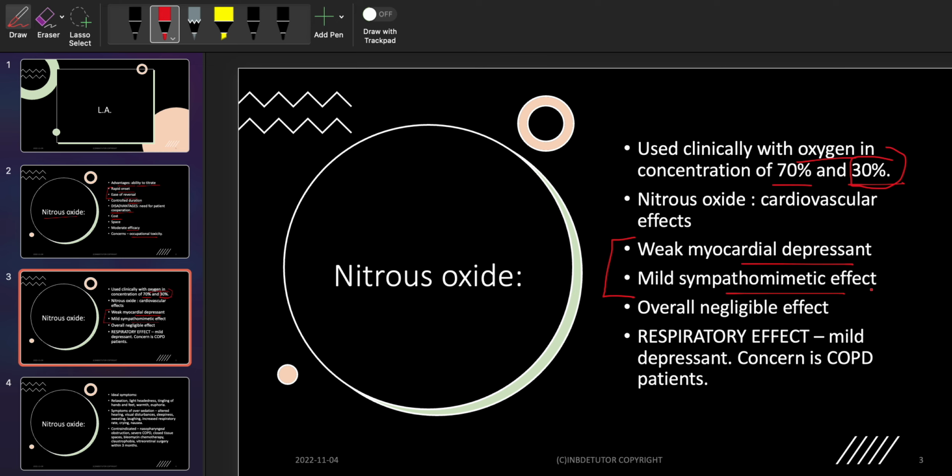Means there will be increase in blood pressure, increase in heart rate. So it is depressing the heart as well, and increasing the heart rate as well. So overall the effect will be negligible. So questions do come on this. What is the effect of nitrous oxide on the cardiovascular system? And what is the effect on the respiratory system? It is a mild depressant, so it could be a concern in patients who have COPD.